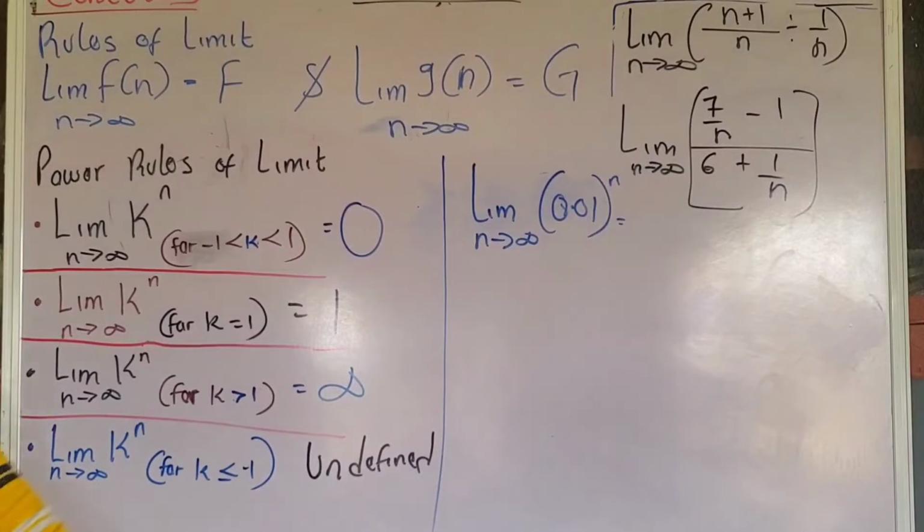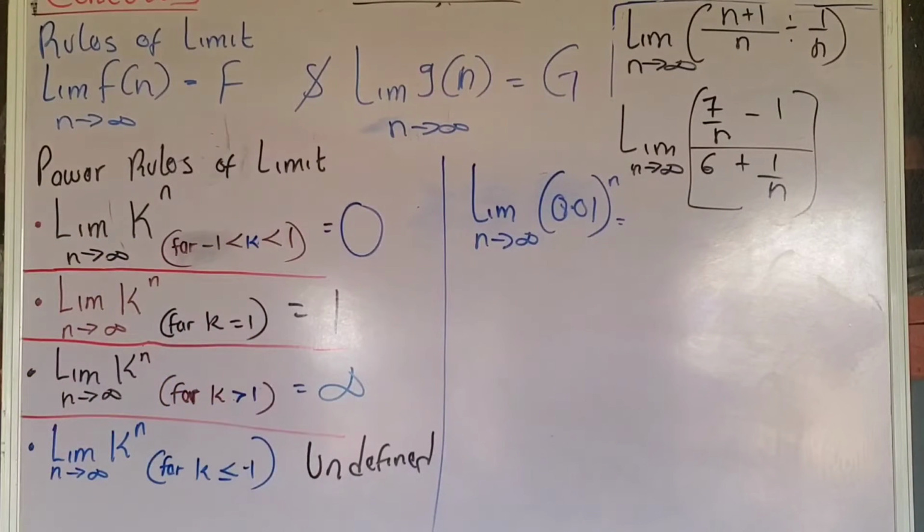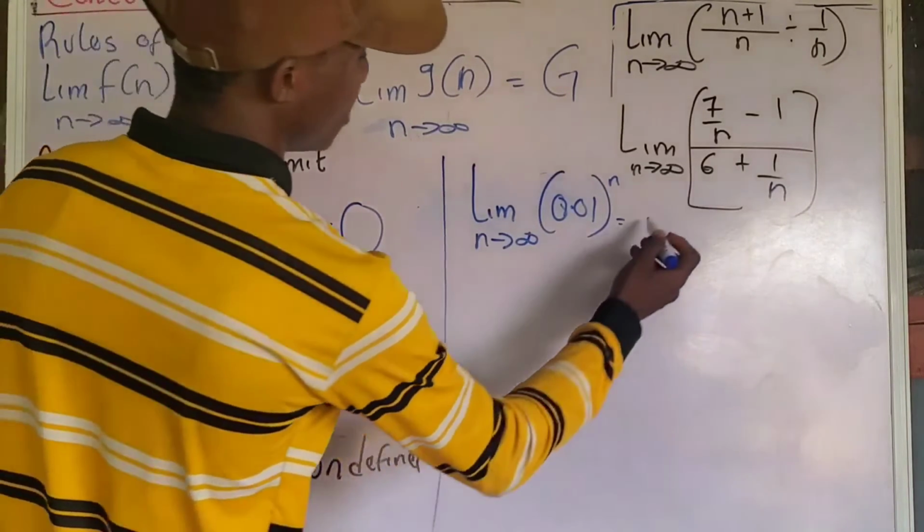Now we have to take the limit of the function 0.01 to the power of n as n tends to infinity. What will be the answer? The answer will be 0. You understand? The answer will be 0.